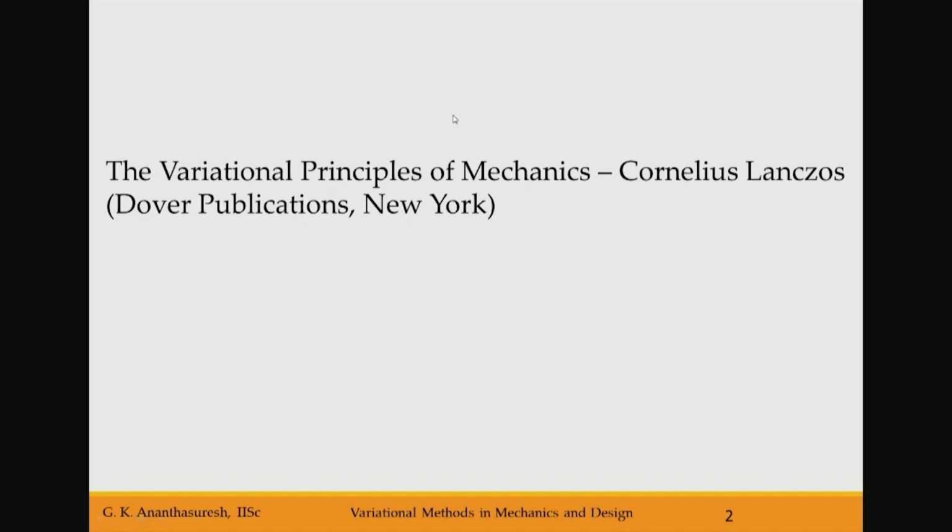This is about variational principles in mechanics, whereas the title of the course is variational methods in mechanics as well as design. When it comes to variational methods in mechanics, it is very classical in the sense that there are a lot of books that you can read from. The book by Lanczos is one good one that I like, that you might also want to refer to.